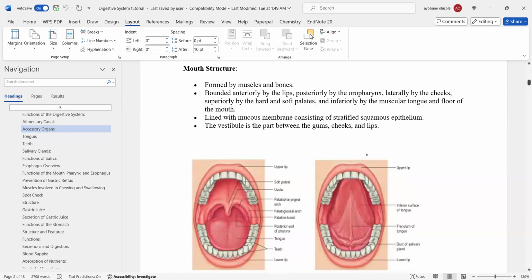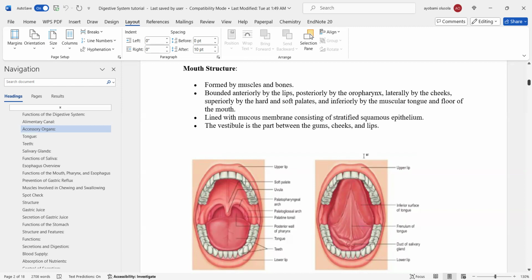So the mouth is lined with mucous membrane and it consists of stratified squamous epithelium. We already said that anywhere that will be subjected to mechanical pressure or friction will be lined with stratified squamous epithelium. The vestibule is the part between the gums, cheeks, and lips.